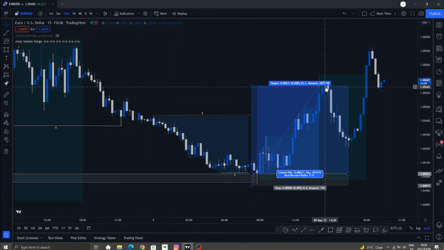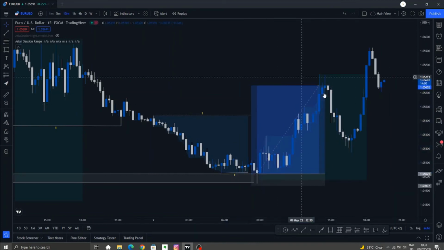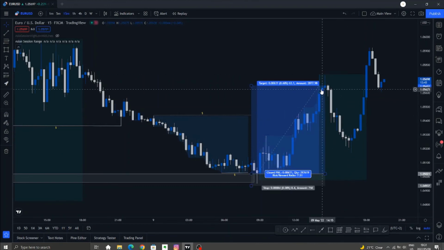The reason I closed my trade there is because a lot of times you'll see your New York session reverse or correct whatever London volume you saw. So I was anticipating the New York volume to push price down, and I was more than happy with the profits that I had on the table at this point.